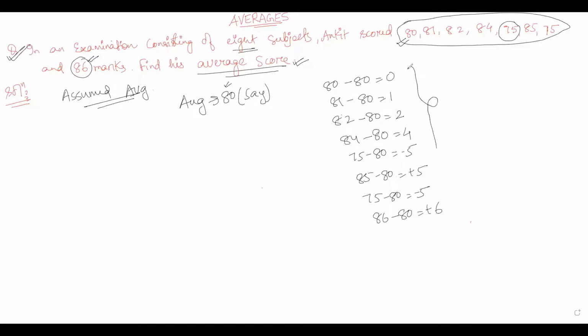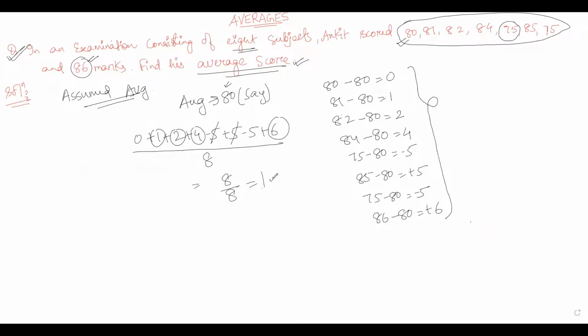So we need to calculate the average of these 8 numbers now. So this would be 0 plus 1 plus 2 plus 4 minus 5 plus 5 minus 5 plus 6 upon the total number of numbers, which is 8. So this 5 and 5 will get cancelled. This 1 plus 2 plus 4 will give us 7, plus 6, that is 13. 13 minus 5 is 8, upon 8, that would be 1.